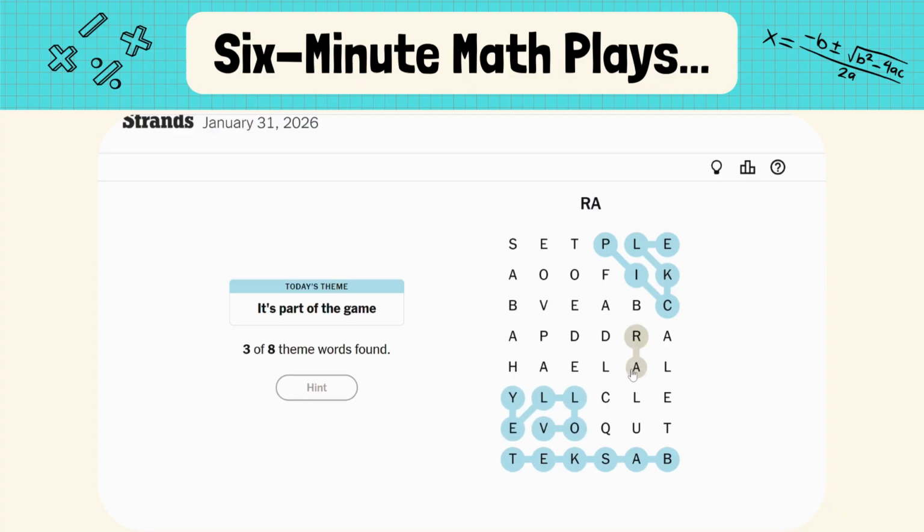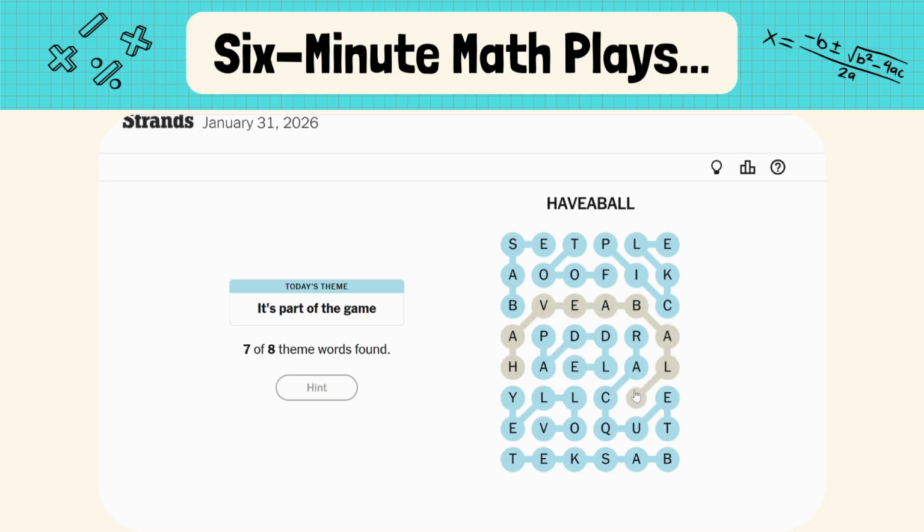Racket is also probably one. Oh, spell it correctly. Paddle. Foot. Base, and that gives us our answer of have a ball. If I can click all the letters correctly, though, that is our spangram.